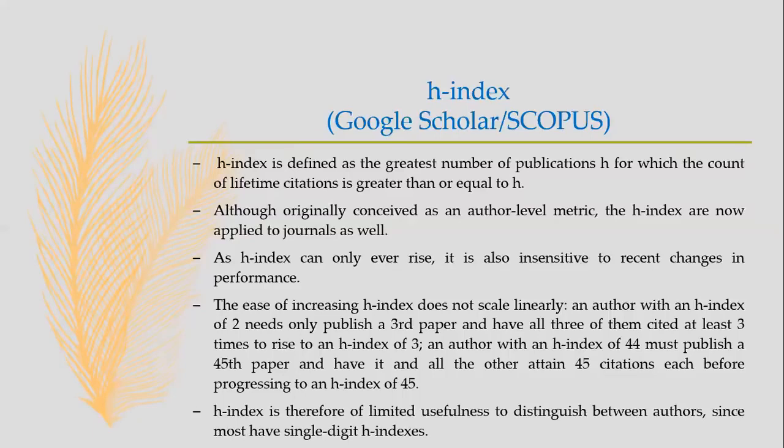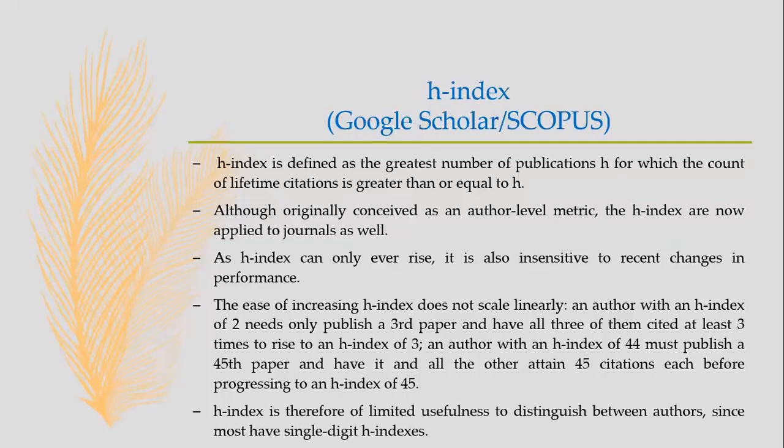Initially it started as an author level metric, where we tried to analyze the productivity of the researchers. So what H index basically is, is the number of publications that have the same number of citations.